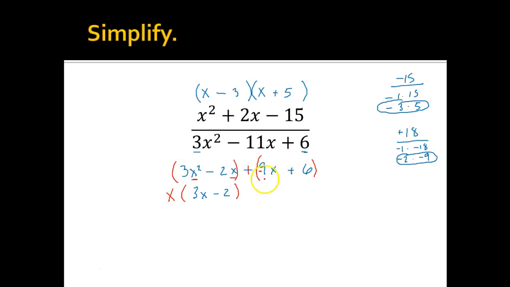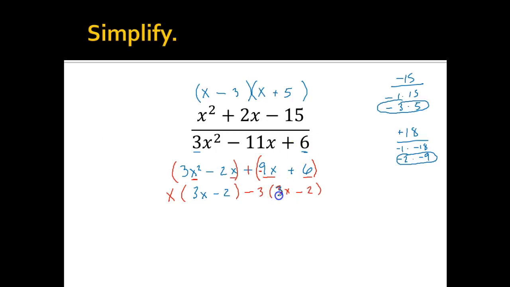Okay, for my second pair, what do they have in common? First of all, I don't like having that negative at the beginning, so I'm going to factor out a negative, and I see that 9x and 6 both have a 3 in common. So I'll take out a -3, and I'm left with 3x, and then 6 divided by -3 is -2.